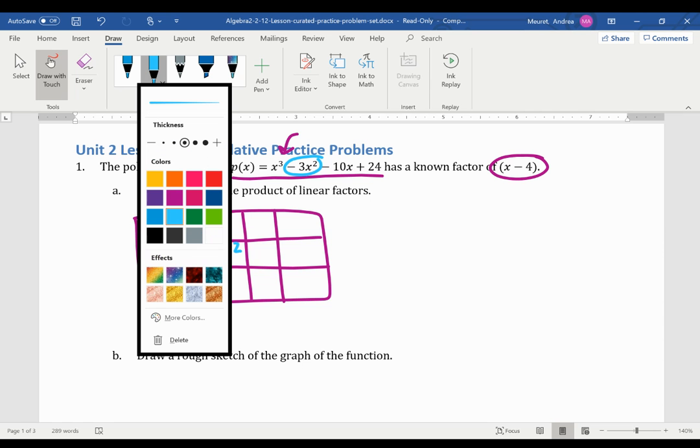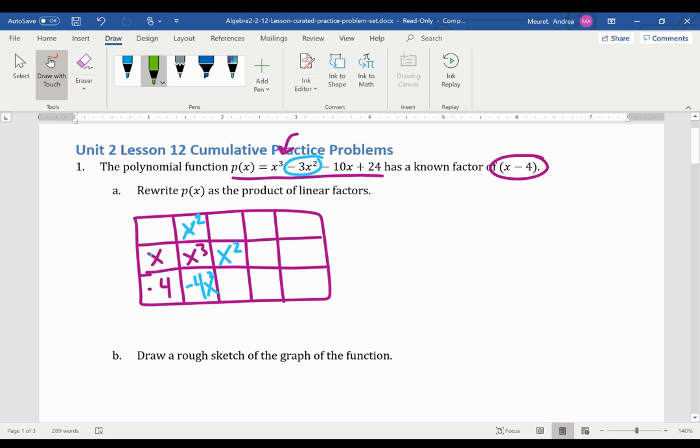And so now, what do I multiply x by to get x squared? I multiply it by x. And so now x times negative 4 gives me negative 4x. So then my next target is the negative 10x.